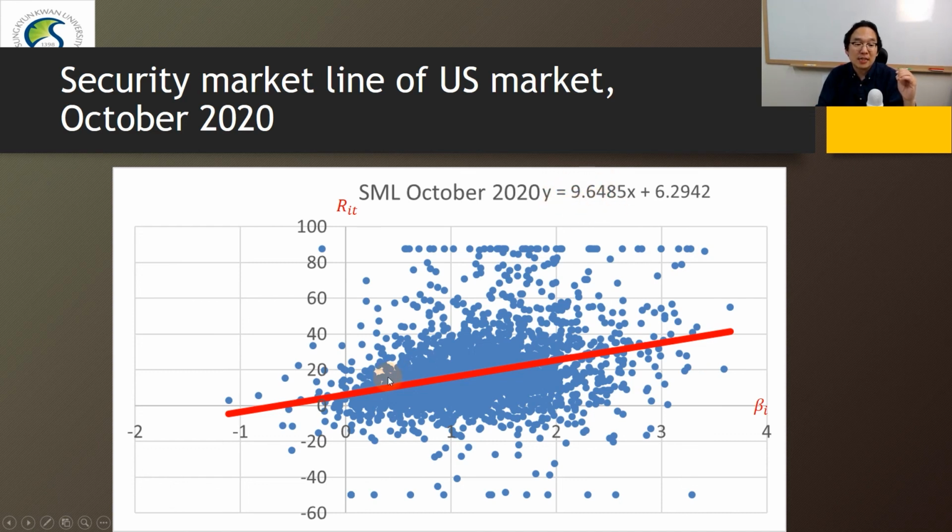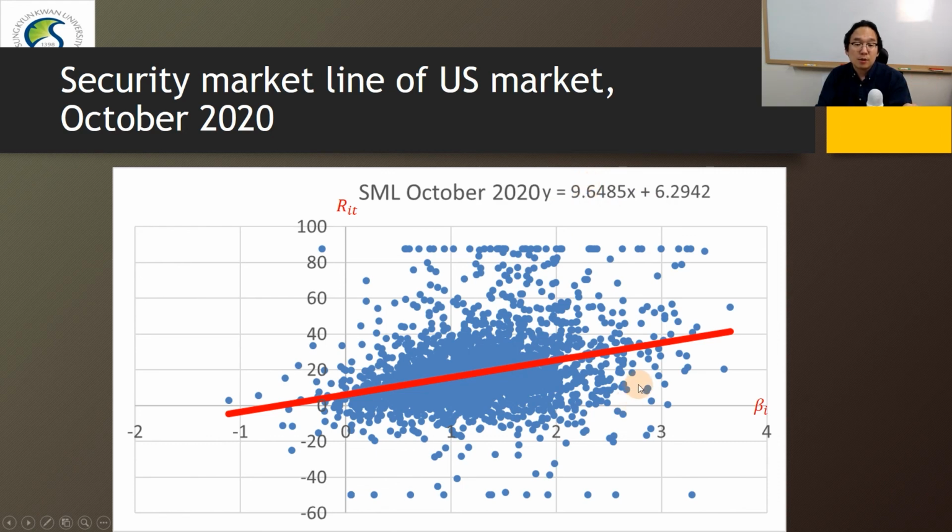This is the market risk premium, 9.6 percent or something on a yearly basis. I think it has to be, but anyway. I must have said this is annualized return. It's not a monthly return, but annualized return. So monthly return times 12, right? So that's why it's 9.6% market risk premium that I obtain in this regression.